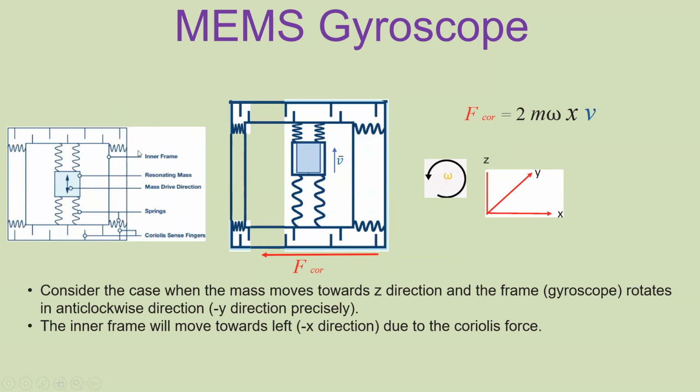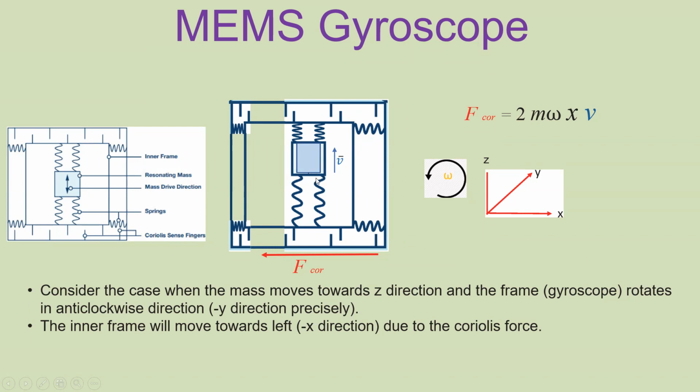In order to understand the working principle of this MEMS gyroscope, you need to understand what Coriolis force is. I hope you understood in my previous explanation. If not, you may even understand when I am describing this now, right? So I told you that this mass is moving in this and this.